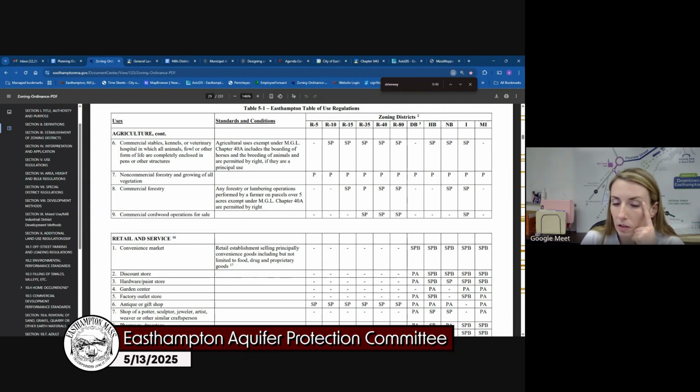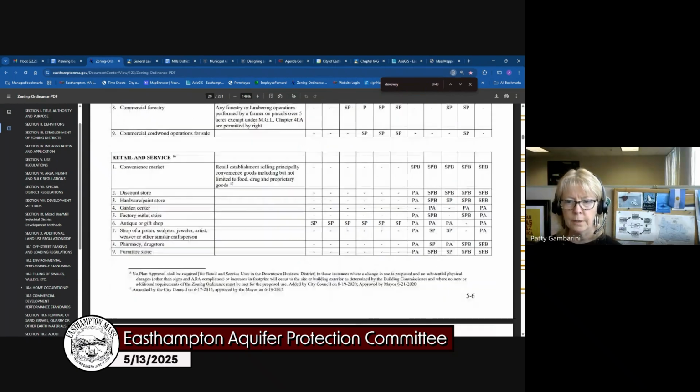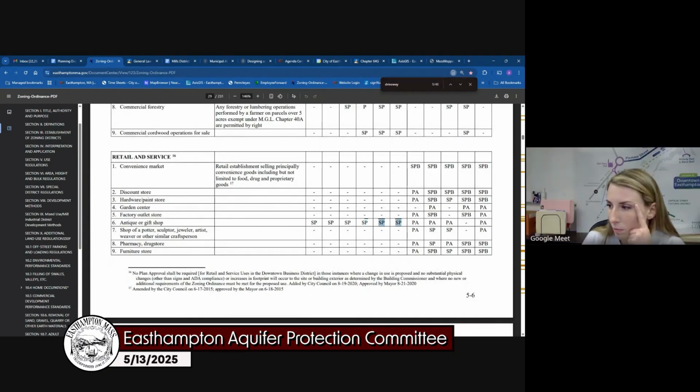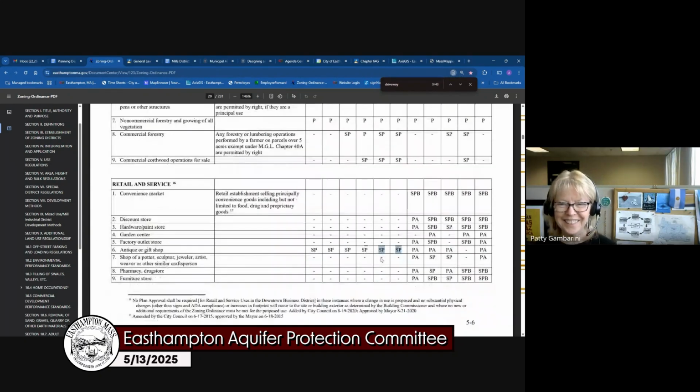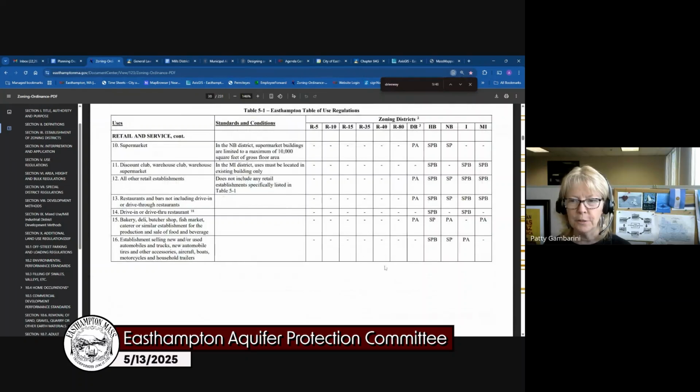You can have it on slightly less if you can prove income, that it's actually a commercial operation. So I think the way that this is formatted is probably not something we can change. Okay. And then retail and service, there's a lot that's not allowed. Antique gift shop, it's weird that got singled out. You can keep going.